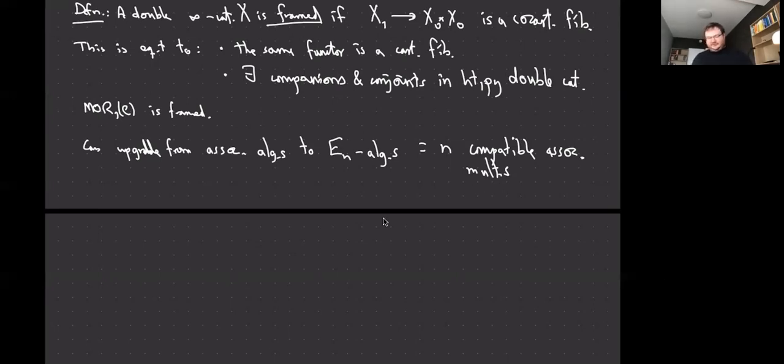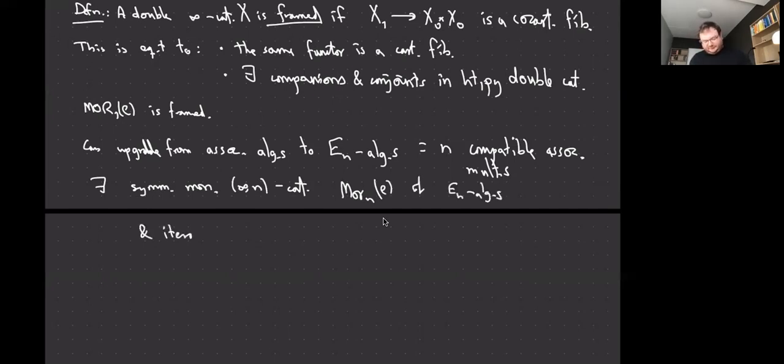And then you can define, well, a symmetric monoidal infinity n-category where the objects are E_n algebras, and then the morphisms will be iterated bimodules in a sense.